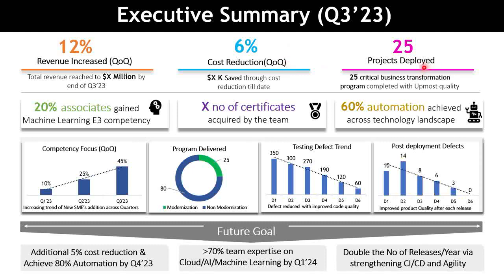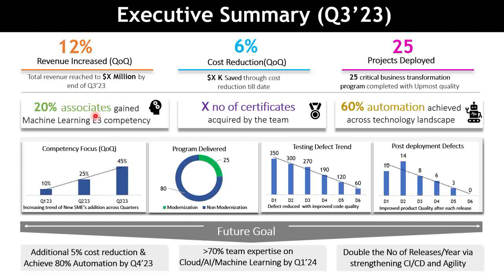The third parameter you can put there is how many projects you have deployed over the period. There could be a few complex projects, a few small size projects, a few large size projects, a few transformation projects. You can mention the number of projects. So revenue, cost, projects, these could be, at the very beginning, some of the key parameters you want to put in an executive summary, the way I have put it here.